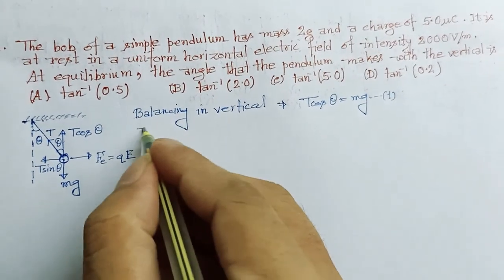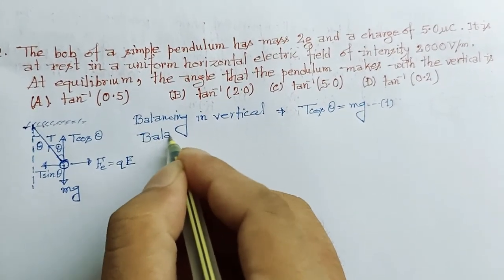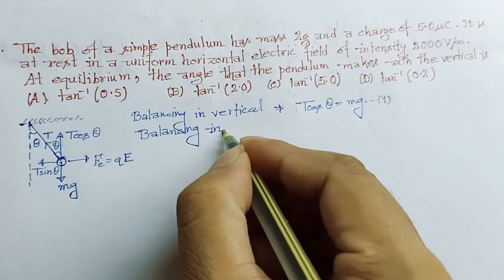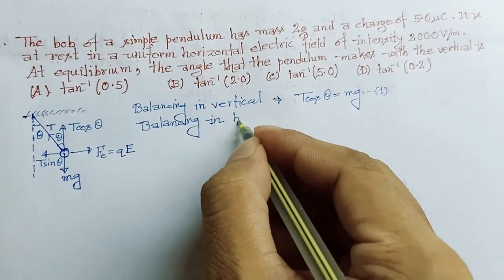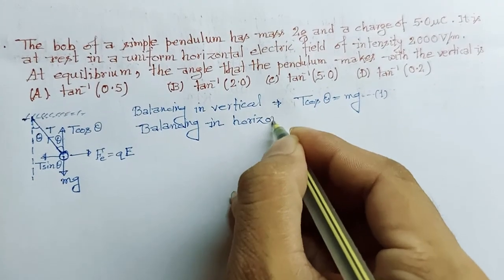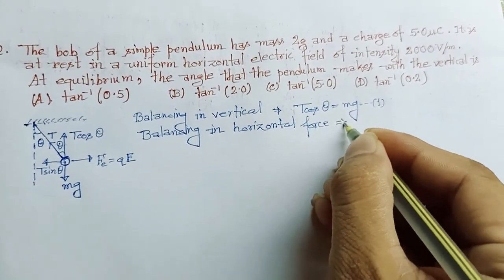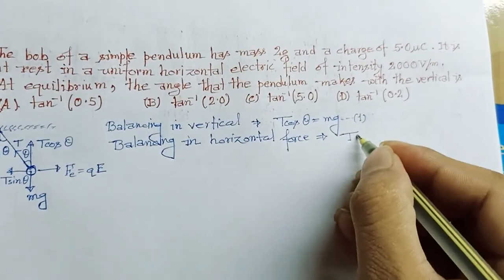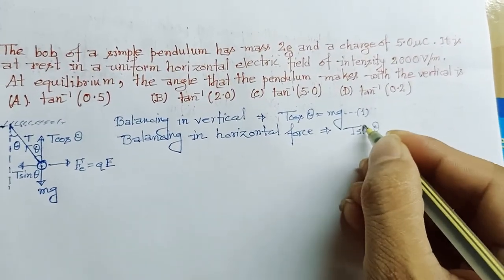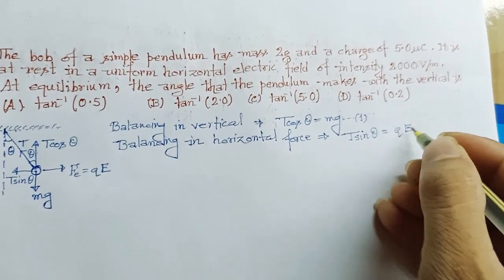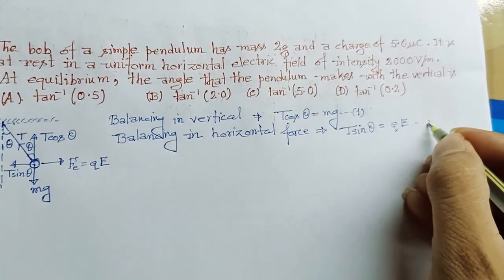And balancing the horizontal force provides us T sin theta is equal to QE. This is the electrostatic force. This is our equation number 2.